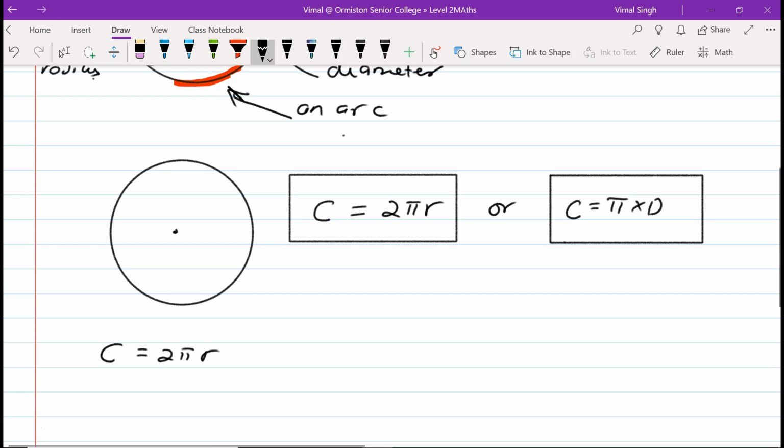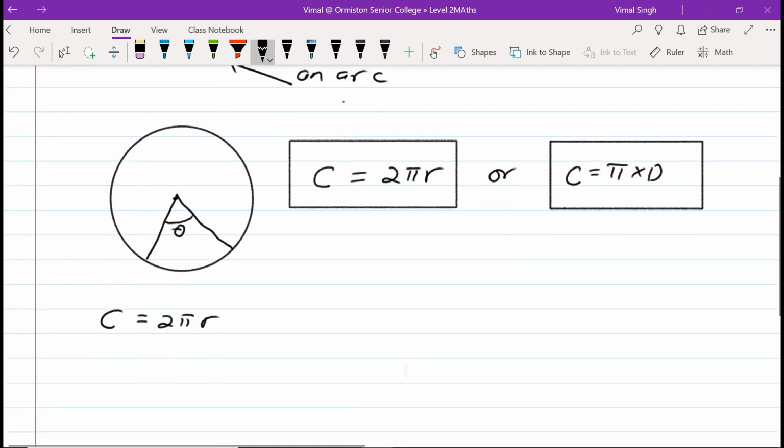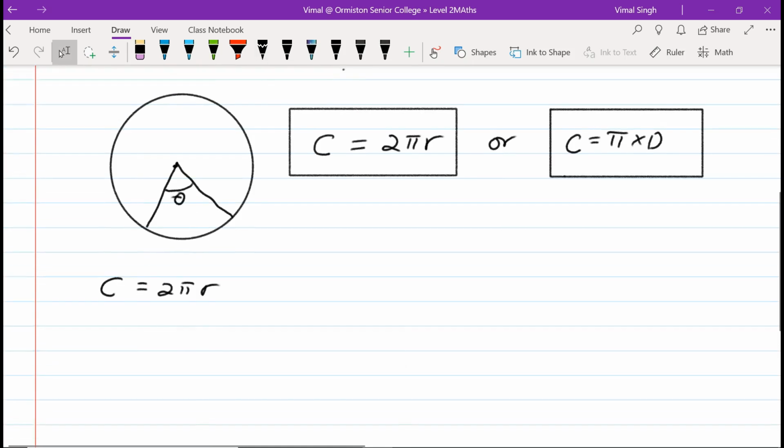But let's say the length of the arc is bound between the two radii, and if we know this angle over here, theta, then the length of the arc can be given by theta in degrees divided by 360 degrees.